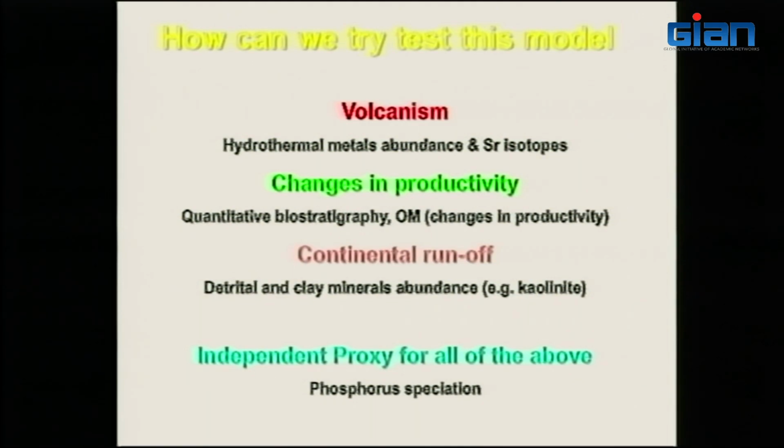Some minerals like apatite have a lot of phosphorus, and this phosphorus will be delivered to the ocean afterwards. But phosphorus may also provoke a change in productivity, and that's why it's so important.